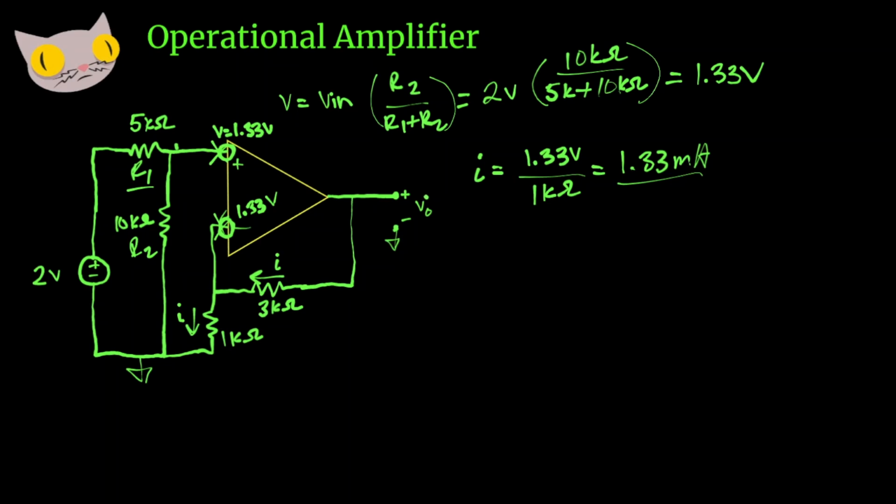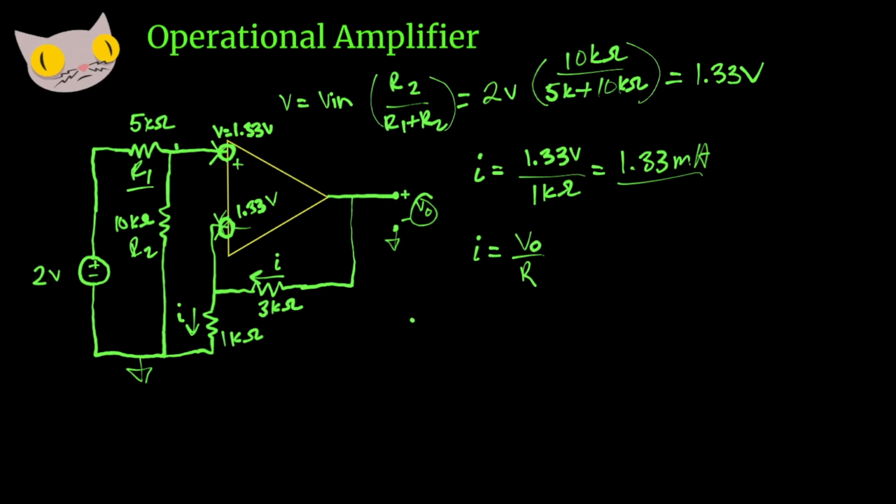Now let's try to find our Vout. Going back to Ohm's law, I is equal to voltage over resistance. Now we have I, our current. Let's try to find V, our Vout.